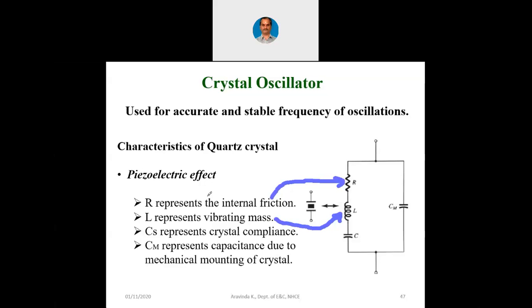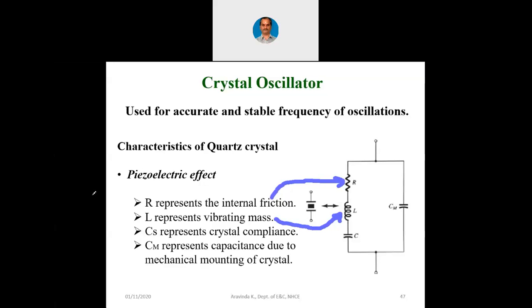But the insulator or the quartz crystal itself starts vibrating. Now when it is vibrating, it has got a mass, it has got an inertia, and there is this storage to some extent of energy, and the storage of energy is in the form of electromagnetic only.